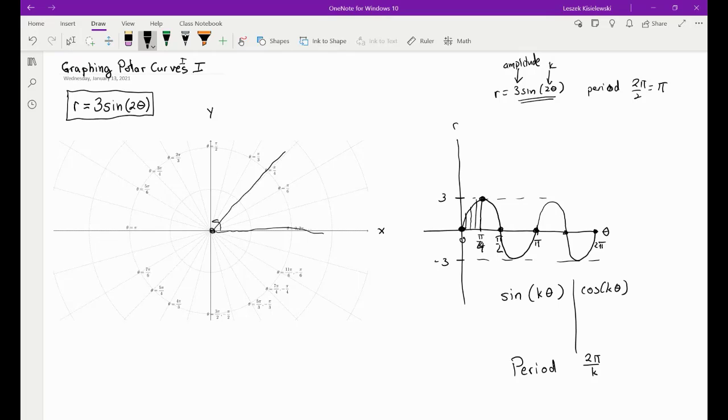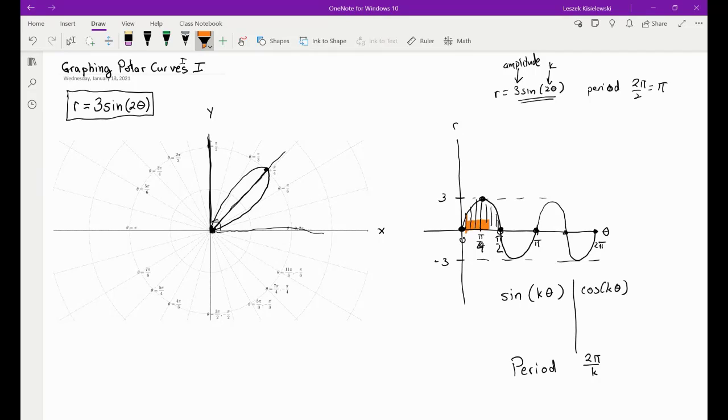Then our radius will decrease until we get to pi over 2. So we start with r being 0, so we're at the origin. Then r increases, when at pi over 4 r is equal to 3, and then r starts decreasing, and at pi over 2 we get back to the origin because r is 0.